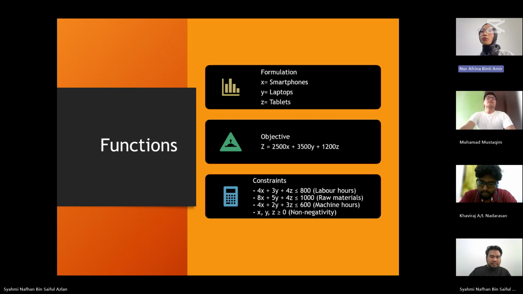The information we get from raw materials is 8X plus 5Y plus 4Z less than or equal to 1000, and from machine hours is 4X plus 2Y plus 3Z less than or equal to 600. And here we use non-negativity to get positive answers.